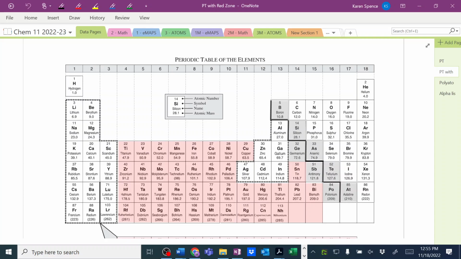Does that make sense? Okay. And hopefully, at this point, you already know that column 1 forms ions with a plus 1. Column 2 is plus 2. Column 3 is plus 3 because it's as easy as 1, 2, 3.